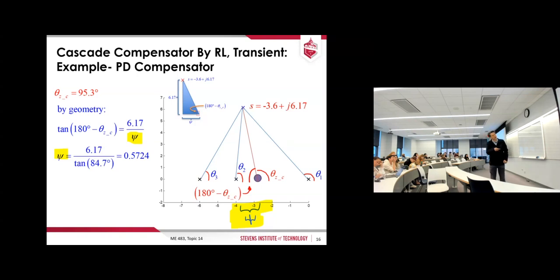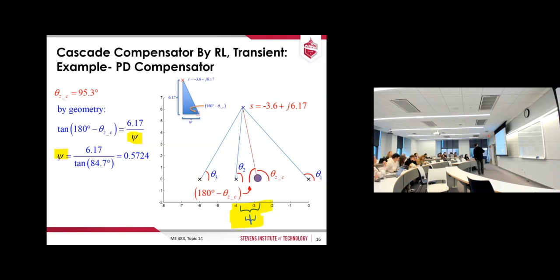This angle here is 180 minus theta z, correct? Because this angle is theta zc. So tangent of 180 degrees minus theta z equals 6.17 divided by c. Correct?